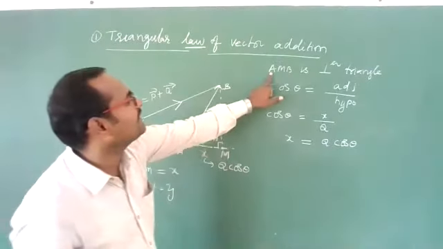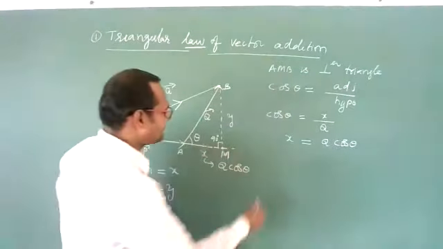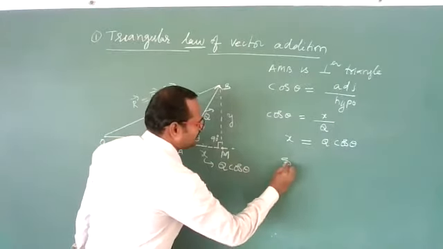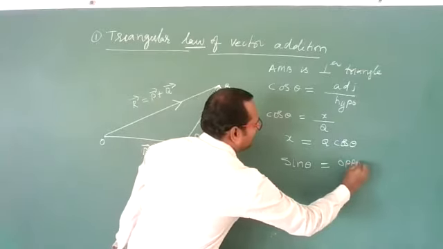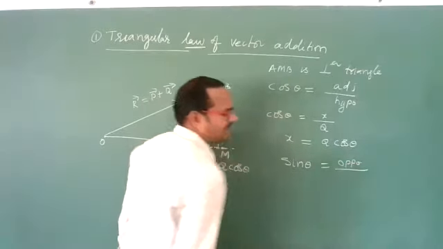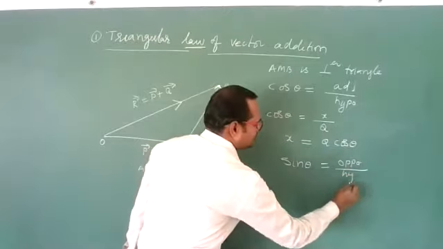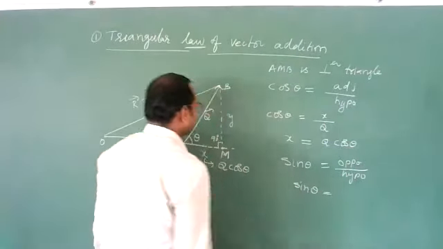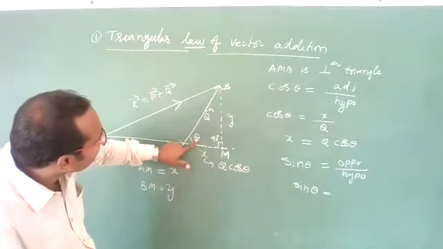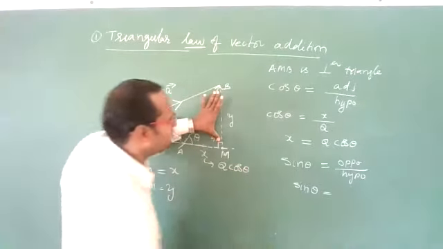Again from this right angle triangle AMB, take sin theta. What is sin theta, Nana? Sin theta is nothing but opposite side divided by hypotenuse. Yes, sin theta is equal to, what is the opposite side for this angle? It is BM.